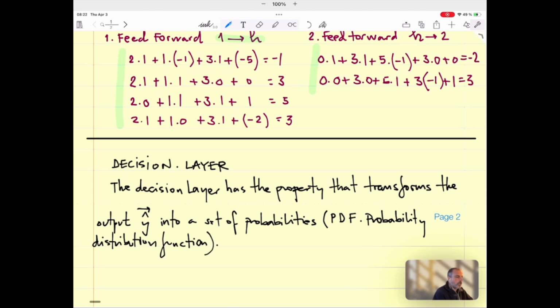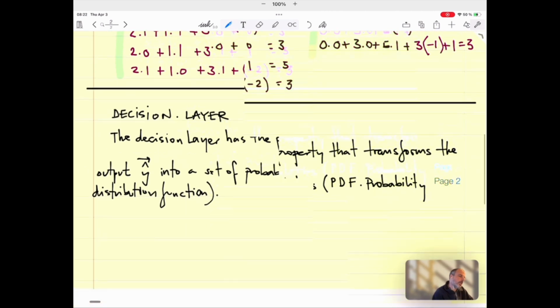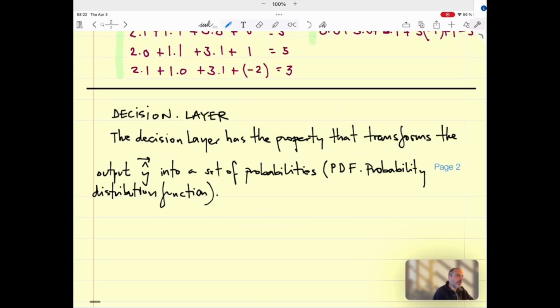In German, Wahrscheinlichkeitsdistribution, okay? So the probability distribution function has the property that all elements of the probability distribution function add up to 1, okay? Because the total probability is 1.